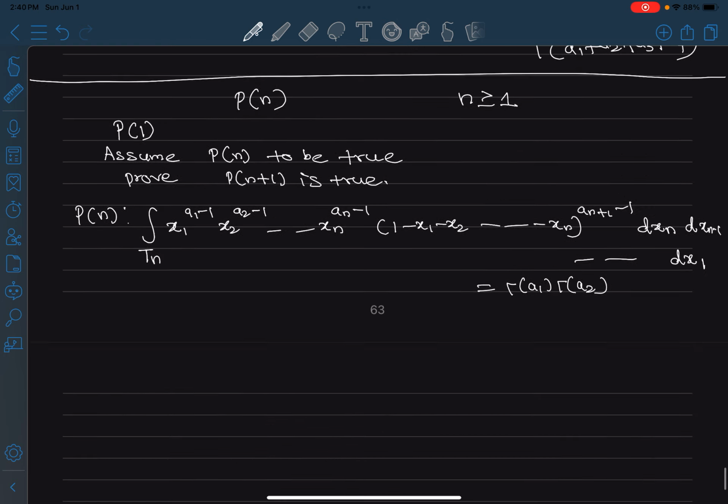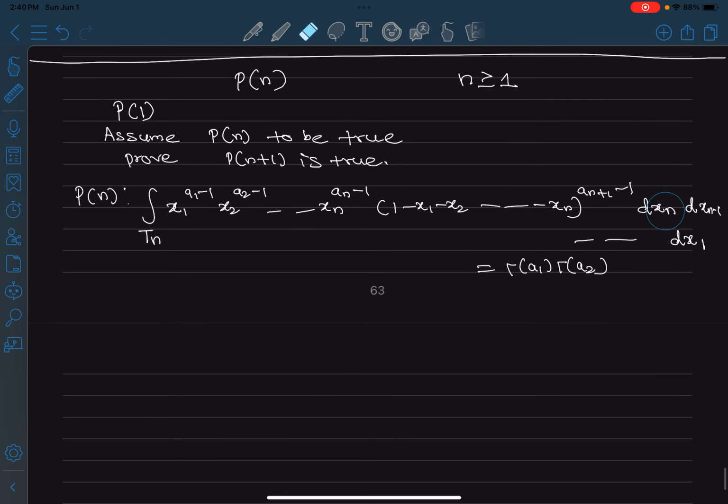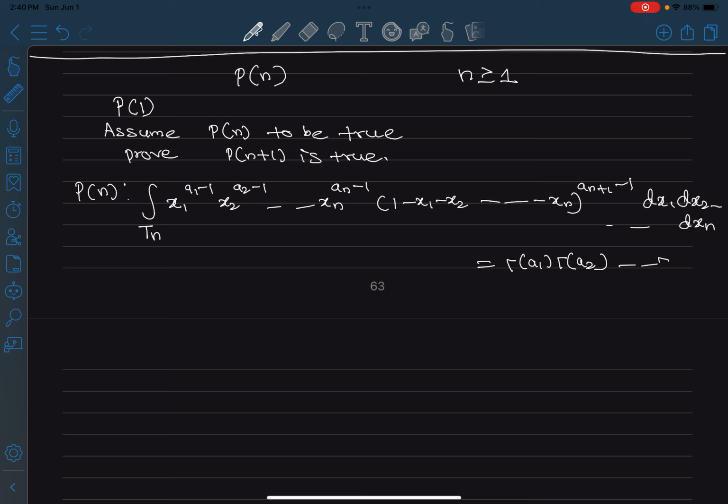So it's the same thing, but let me write it in the opposite manner. I'm doing that so that the notation will be easier later on while proving. And then up to gamma of an, gamma of an plus 1 by gamma of the sum of all these, right?